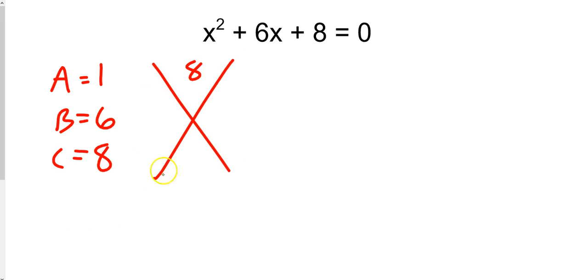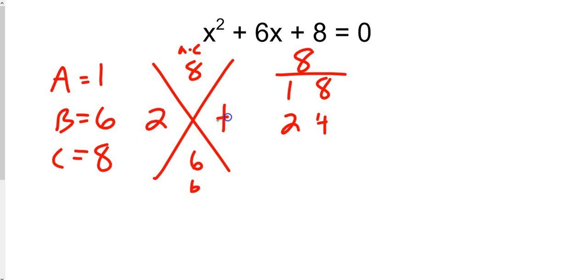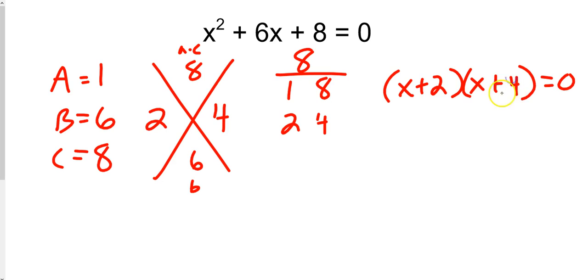You have the 8 on top, because that's A times C, and the B on bottom. Then I looked at the factors of 8, which are 1 and 8, 2 and 4. The only way to get 6 is with a positive 2 and a positive 4. Since A is 1, I now know what my parentheses have to be. One parenthesis is x plus 2. The other parenthesis is x plus 4.